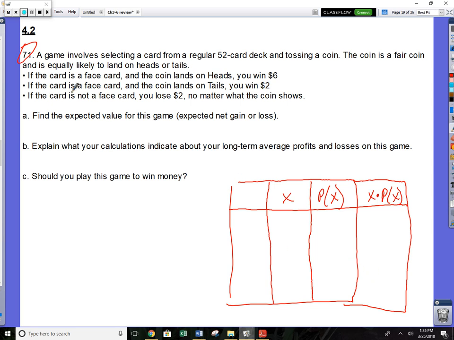Okay, so here are my 3 bullets. Bullet 1 is a face card and heads. Now, there are 3 face cards in each suit: jack, queen, and king. So 3 times 4 suits, that's 12 face cards.